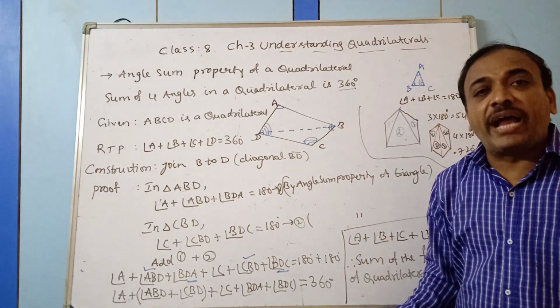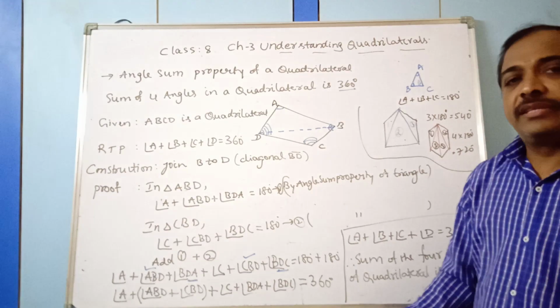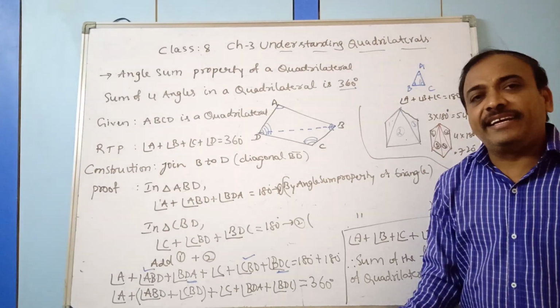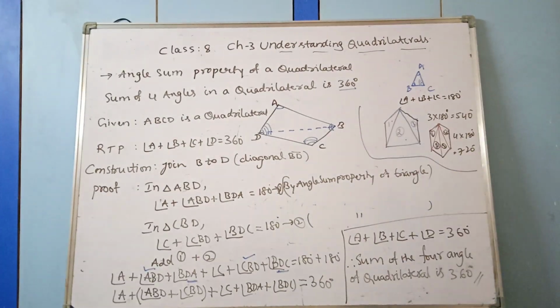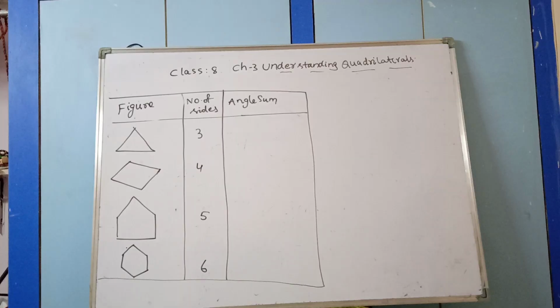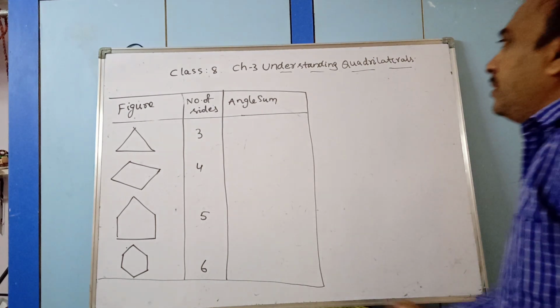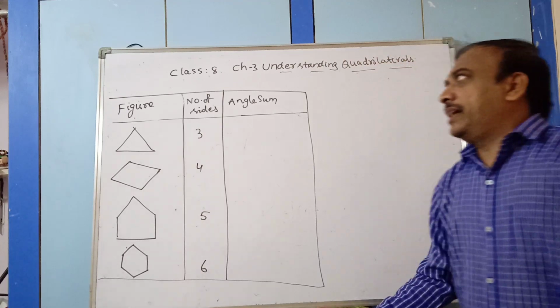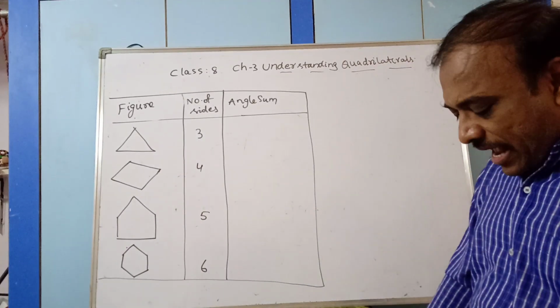What is the sum of the 4 angles in a quadrilateral? 360 degrees. Now we see the figure, number of sides, and angle sum.